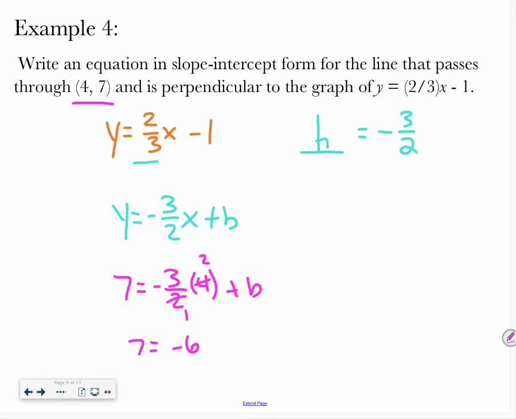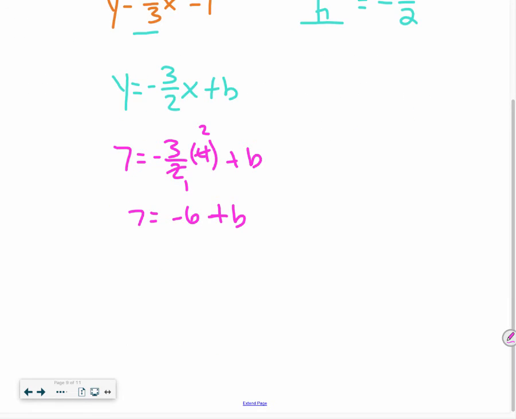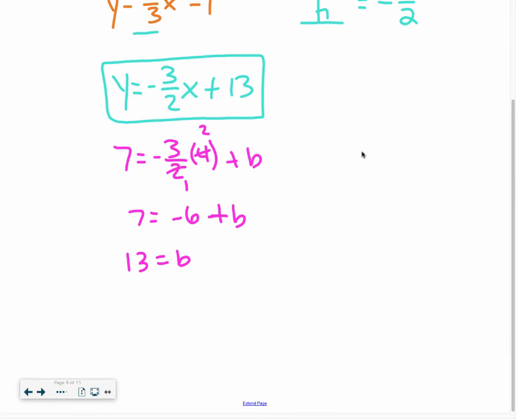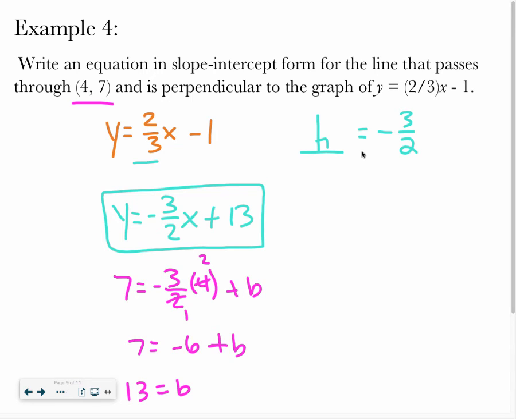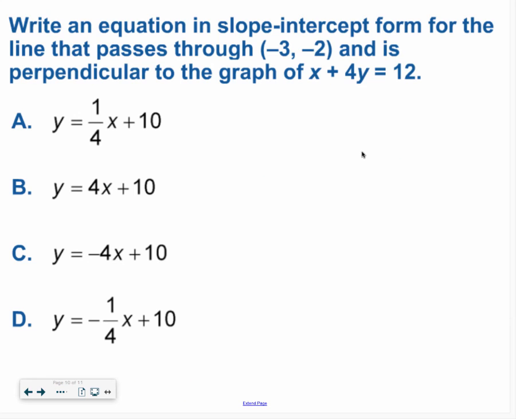Negative 6 plus b equals 7, or 13 equals b. So my equation back up top here becomes plus 13, and that would be my equation of the perpendicular line in slope-intercept form.